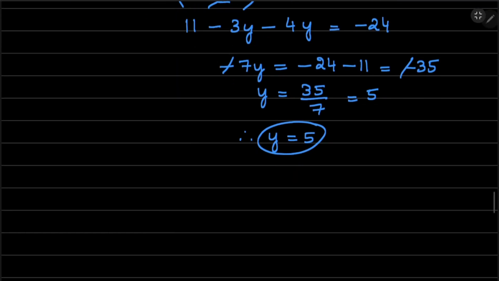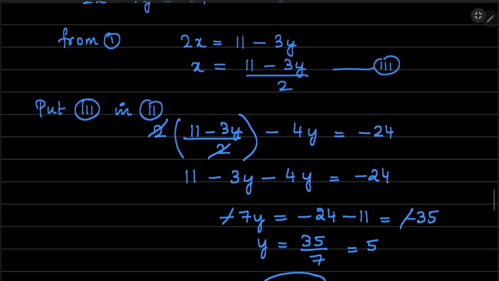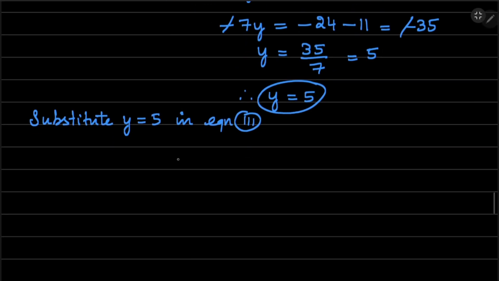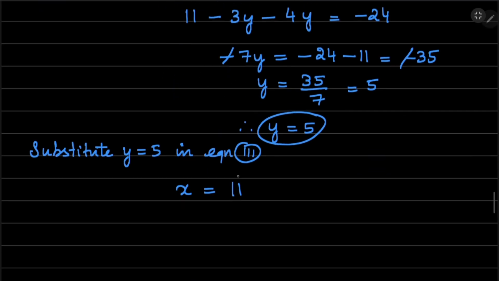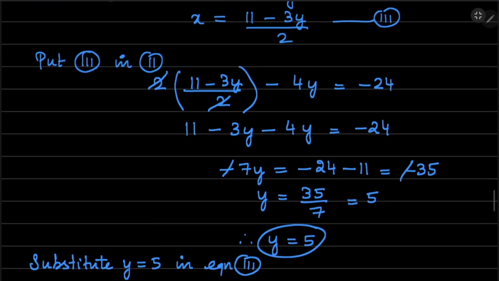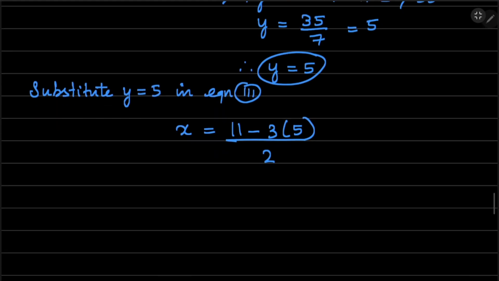Now you have to substitute y equal to 5 in equation 3. So what is your equation 3? x is equal to (11 minus 3y), in place of y I'll write 5, whole divided by 2. Right?